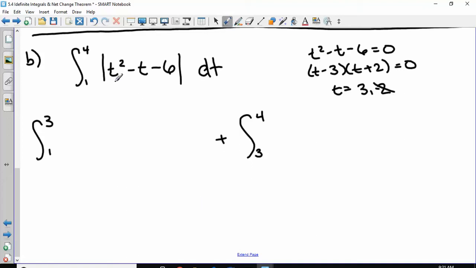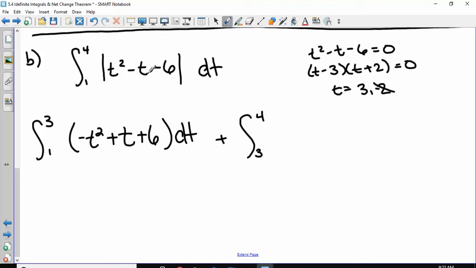Between 1 and 3, would this be positive or negative? So if you plugged a 2 in here, 4 minus 2 minus 6, that is negative. So the absolute value does the opposite. Can I just distribute a negative through all of those? Negative t squared plus t plus 6.